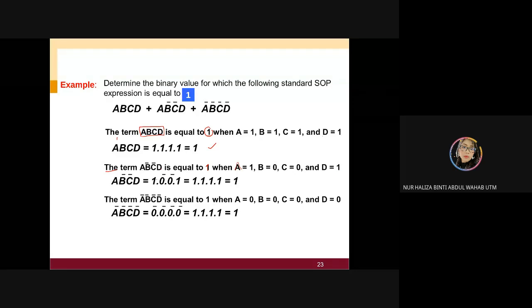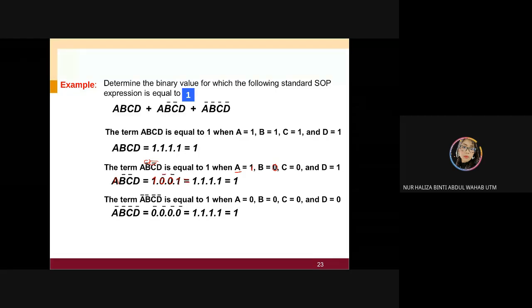So you can see, if you convert, okay, this one. When A equal to 1, B equal to 0, because this is a bar. C equal to 0, because it is bar. And D equal to 1. You have here A is 1, B is 0, which is bar, right? 0 again for C, and then D is 1.